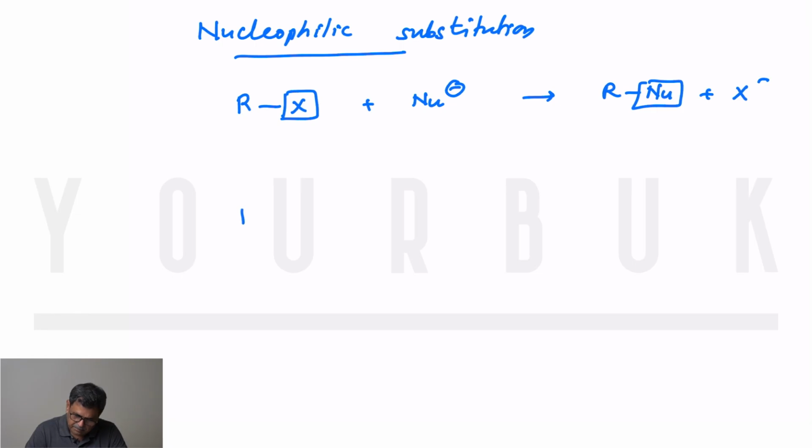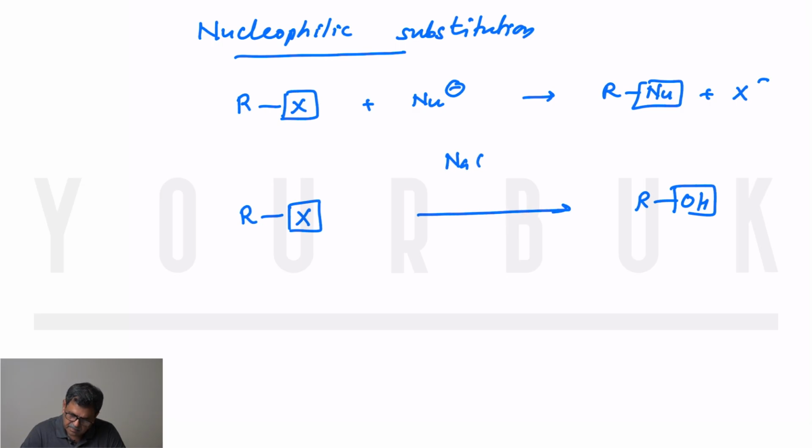For example, this is RX, and my aim is to replace X by OH. So I will take the sodium or potassium compound of OH, either NaOH or KOH, but in aqueous medium, because NaOH and KOH dissolve in water to give OH negative.